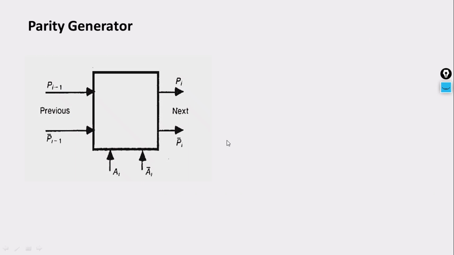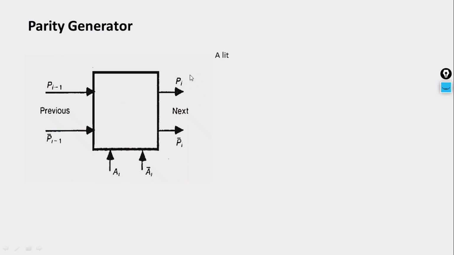So this block is doing what? It is going to consider this input, and based on the input value, it is going to generate this particular output, whether it should be 1 or 0.